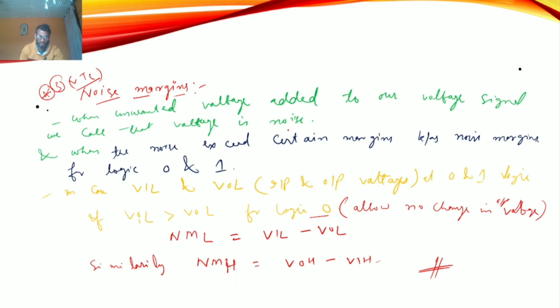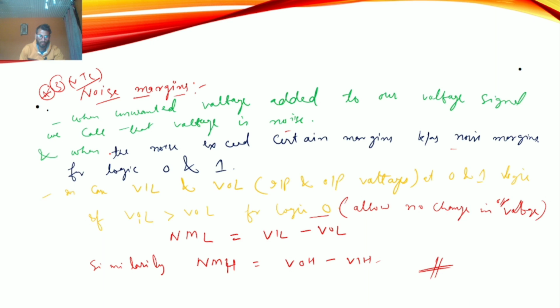The noise margin is the limit up to which noise can be tolerated for logic 0 and 1. In the case of input and output voltage for the lower logic, VIL and VOL mean input voltage at logic low and output voltage at logic low.